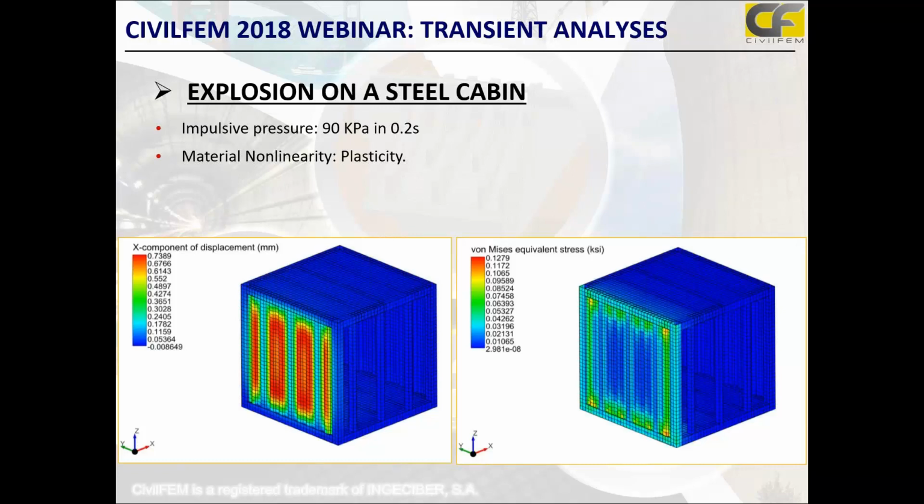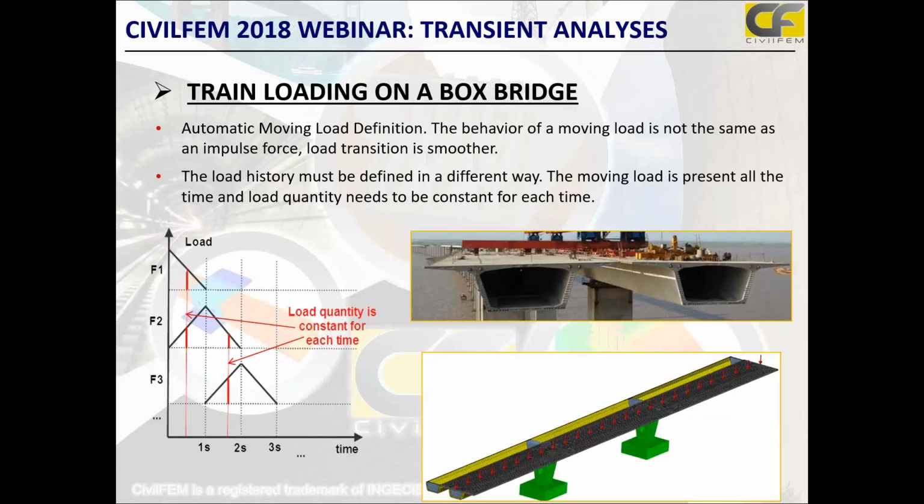Another way of defining a transient load is, in this case, not an impulsive force, but a moving load on a box. In this case, it's a train loading on a box bridge. Here the behavior of the load is not the same as the rest of the forces we've seen before, which is just a peak force and then deleted at a certain time.